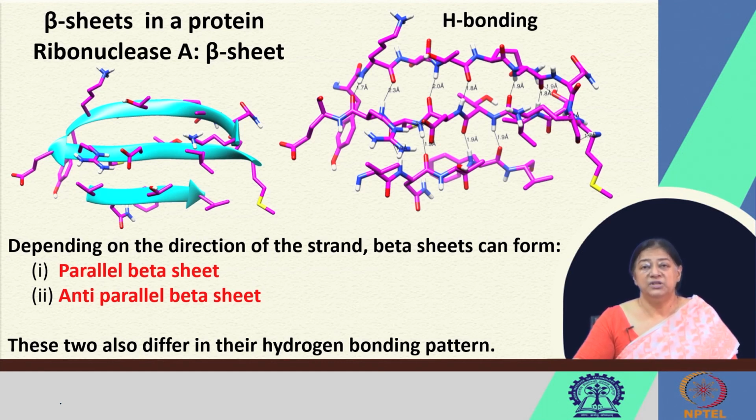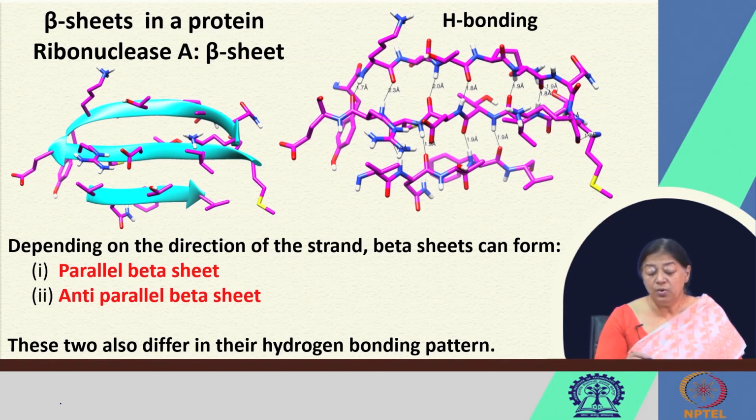Now, another major difference between the alpha helix and the beta sheet is their specific locations in the polypeptide chain. While in the formation of the alpha helix we have to have a continuous chain, in the beta sheet case the strands can come from different parts of the protein and they may not be continuous, in the sense that we could even have a helix between the strands of a beta sheet.